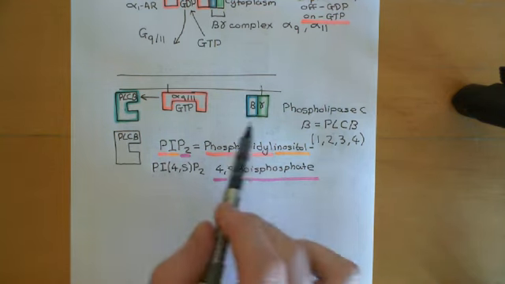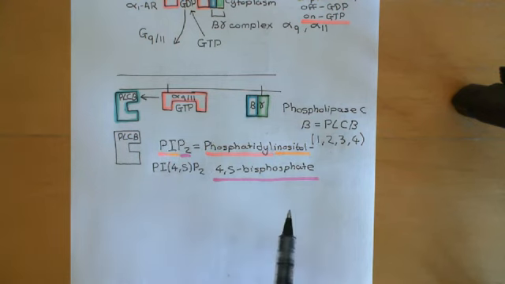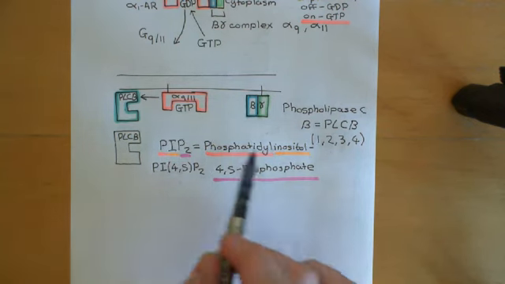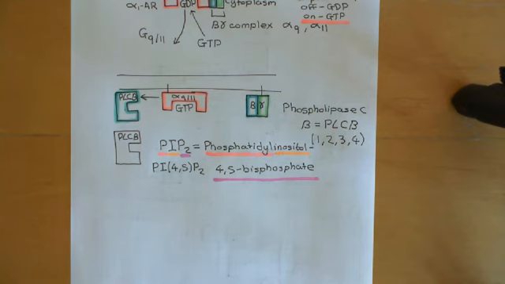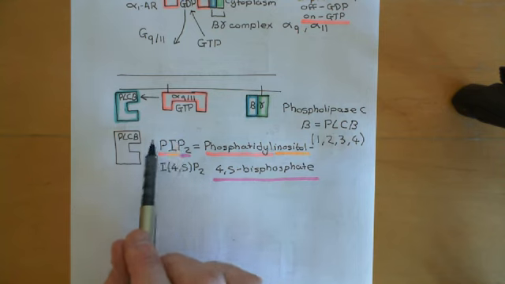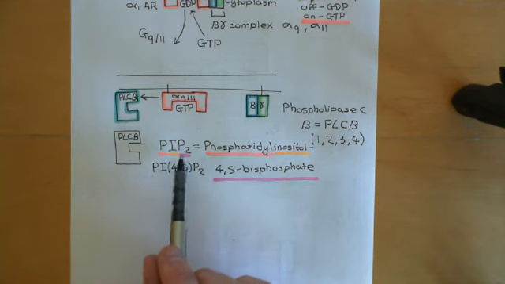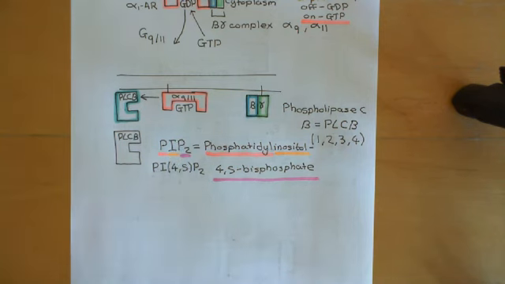Because this is the most famous PIP2, this is the main one. The other forms of PIP2, where the phosphates are on different carbons, are much more niche areas of knowledge. So if someone was talking about one of those, they would stress which carbons it was by using this notation. But if someone doesn't stress which carbons the P2 phosphate groups are coming off, then you can assume that it is this form.